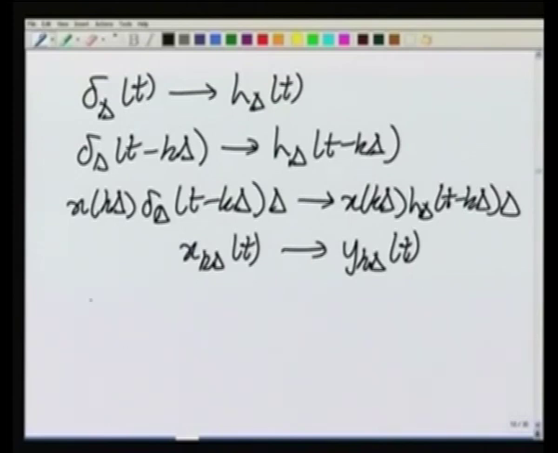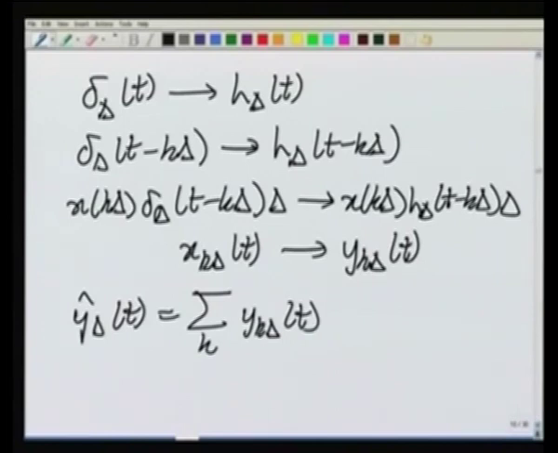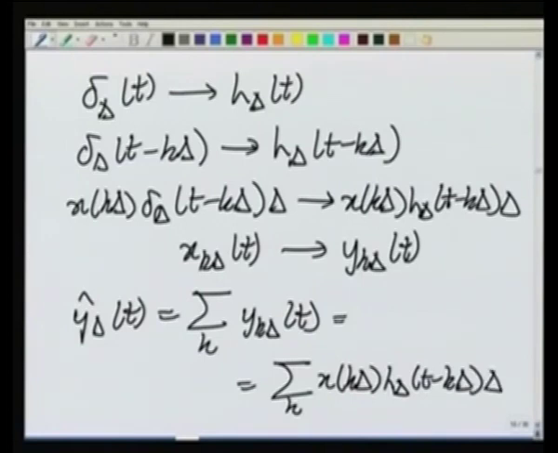And thus, if we say that ŷ_Δ(t) equals the sum for all k of y_kΔ(t), then we can say that this is equal to the expression summation over all k of x(kΔ) h_Δ(t − kΔ) Δ. So, ŷ_Δ(t) is this expression, and here we have used additivity in the last step.